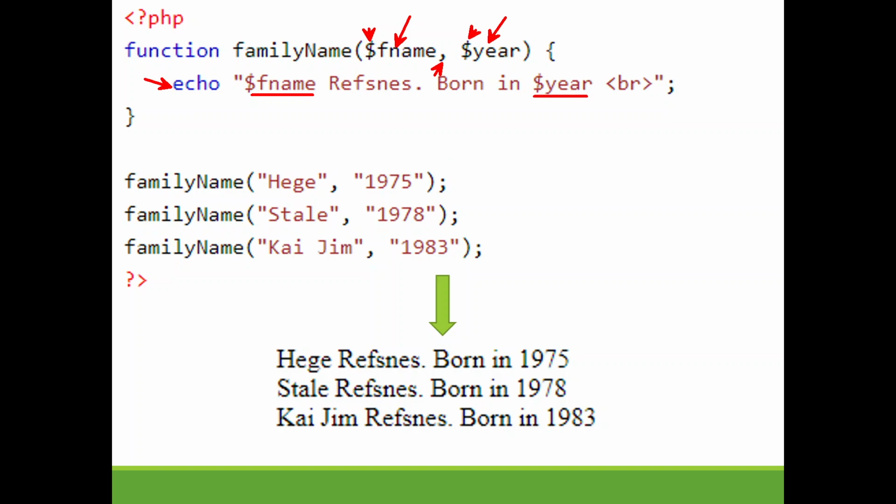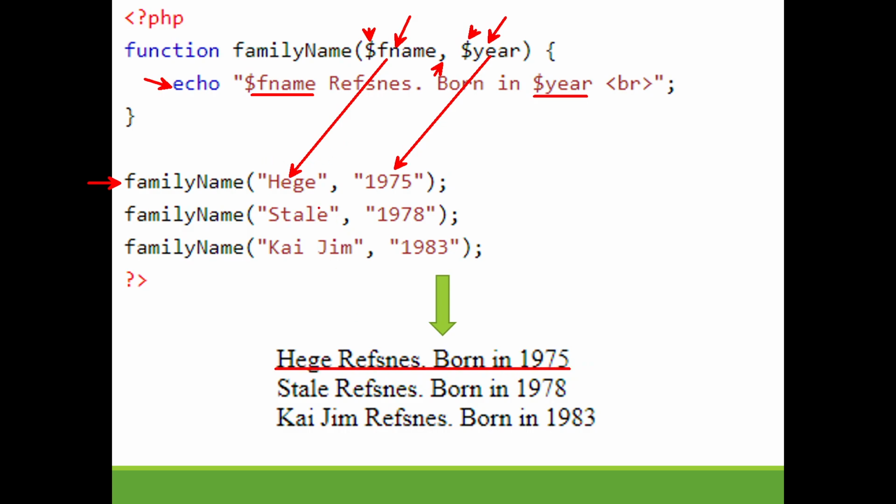So when we do that, we have to pass this particular function two values. So family name is the name of the function. We call it, we pass it. So this one is going to be taken there, and this one is going to be stored there. And therefore, when we call this function the first time, it's going to print out this.